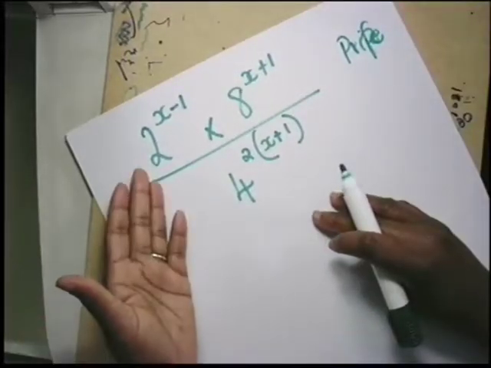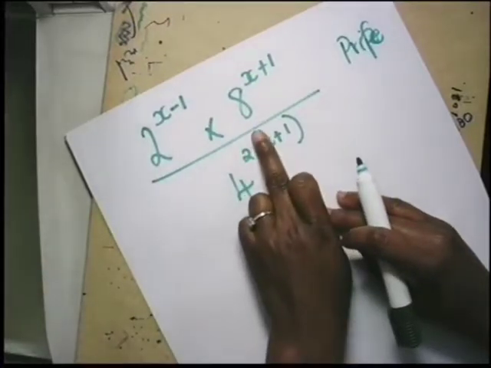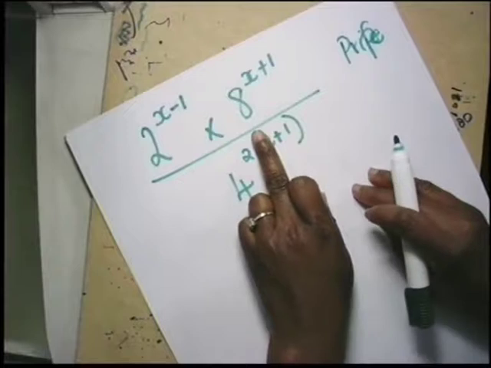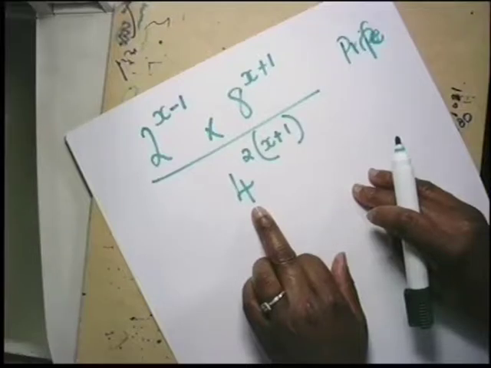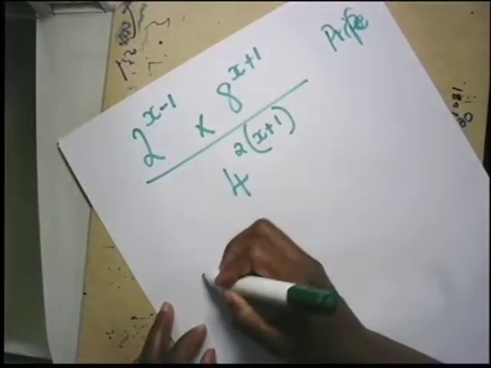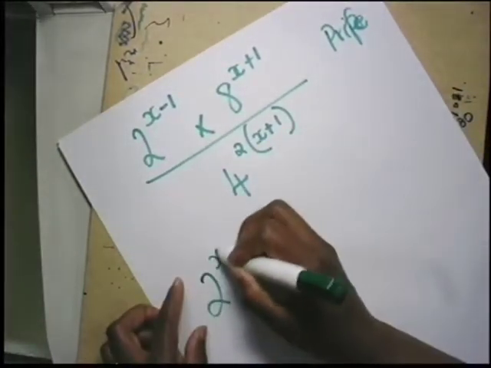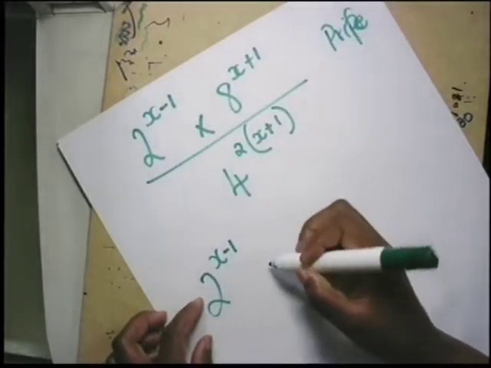2 as a prime factor is 2 power 1. 8, we can write as a power of 2 as well, just to make sure that our bases are the same. And 4, we can write as a product of prime factors as well, so it's a factor of 2. So this one, 2 power x minus 1, is already a power of 2.